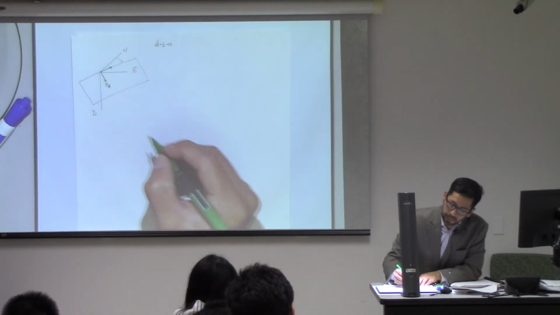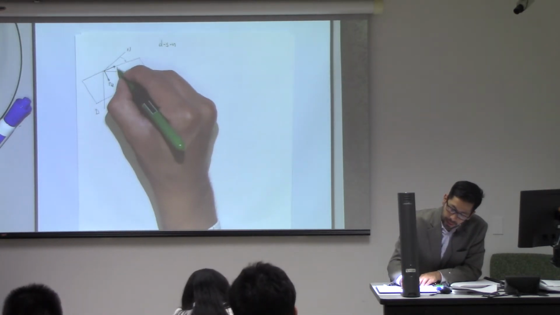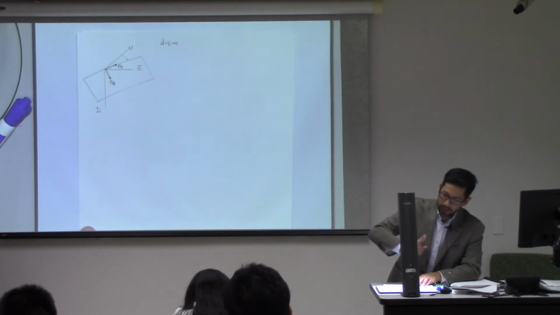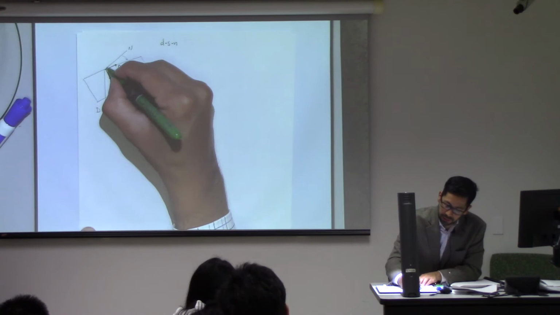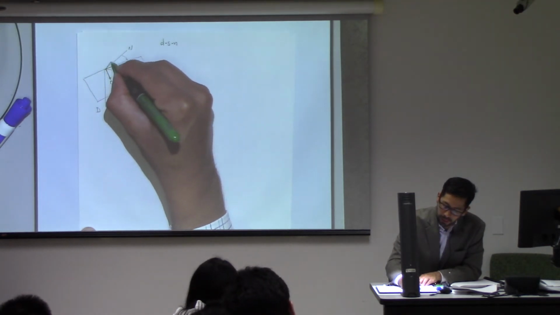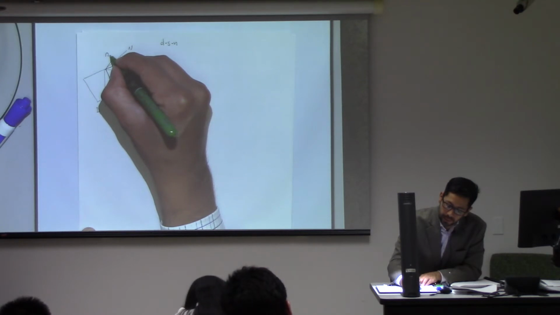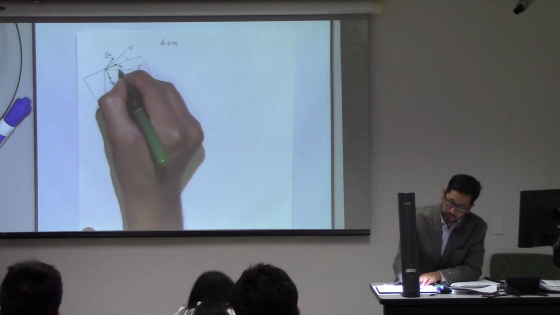This one is going to be NS, and the S comes from strike. And the third one, which is the cross product of these two, is going to be the normal, N. So all those are vectors.